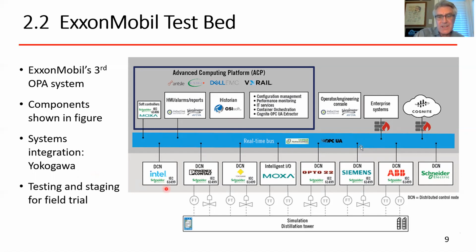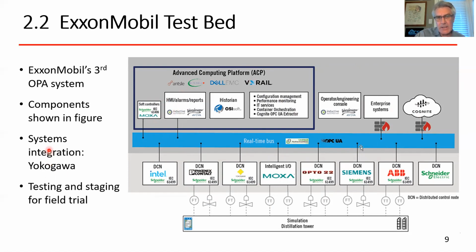The components in ExxonMobil's OPA testbed are explicitly depicted here in this chart on the right. I will not spend the time to verbalize all of the components and the suppliers. This has been well reported by presentations and writings by Harry Forbes and Jim Montague, so there are places to get more information.